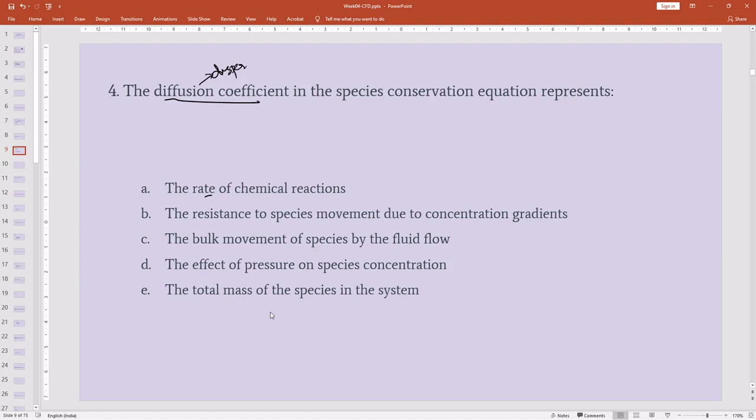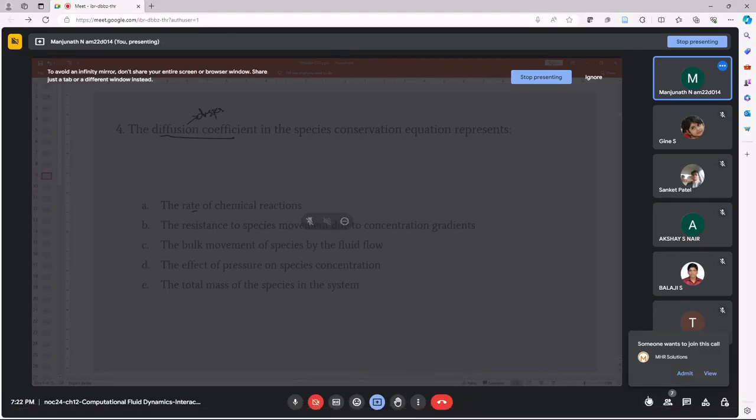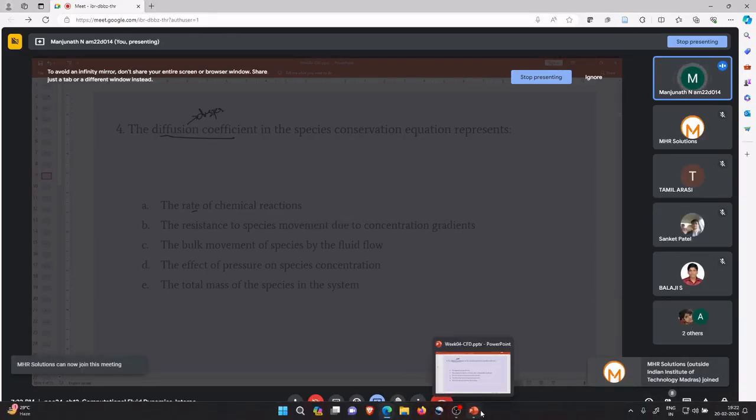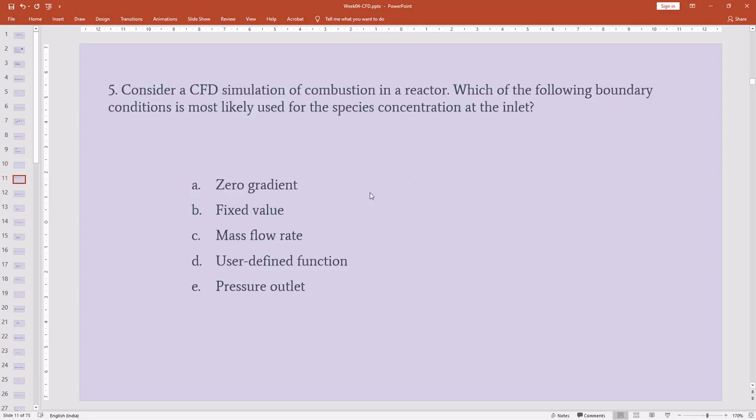So essentially what the diffusion coefficient deals with is the resistance to species movement against the concentration gradients. Moving to the next question.